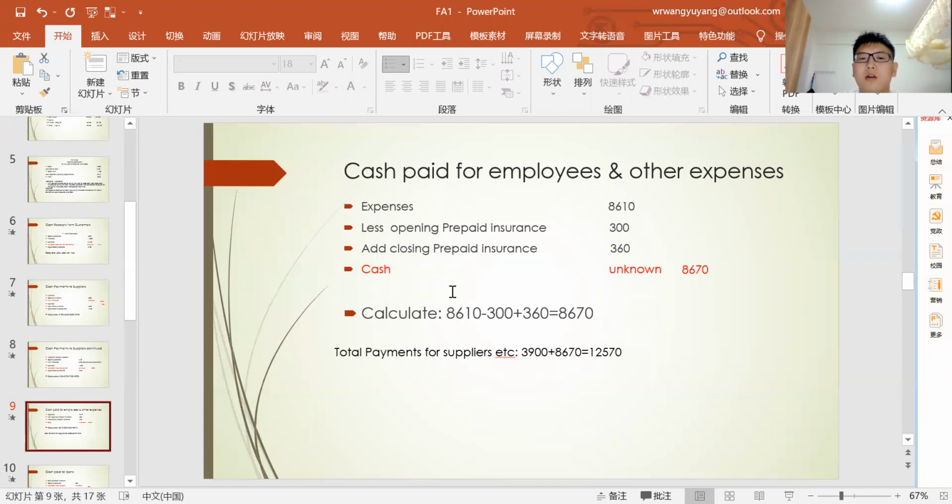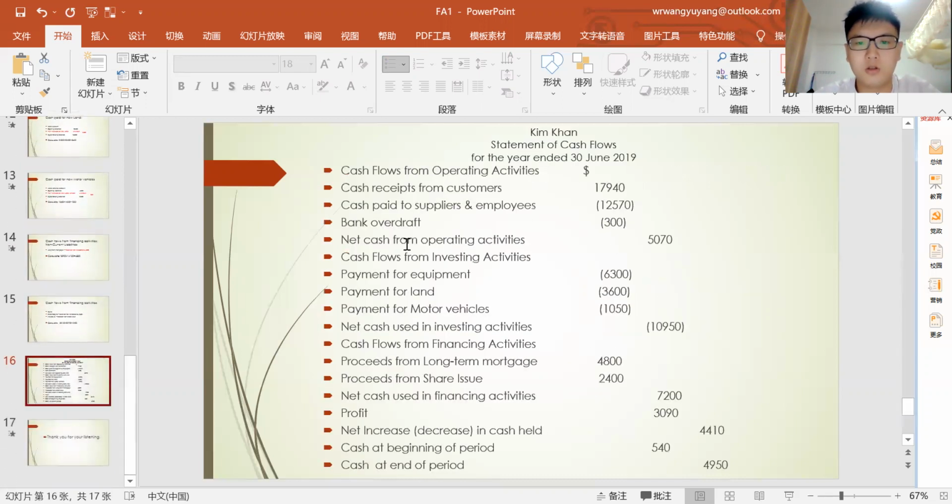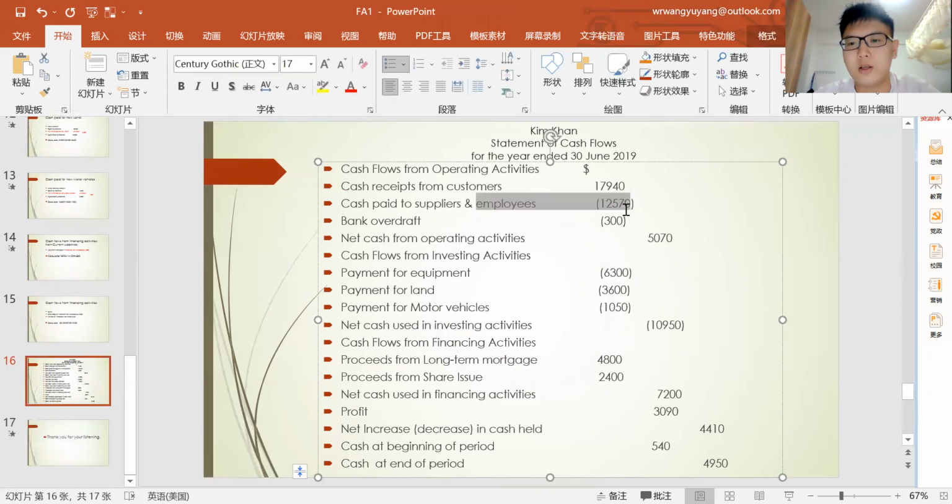And 8670 is the cash paid for employees. Combined with the cash paid to suppliers, the answer for cash paid to suppliers and employees is 12570.